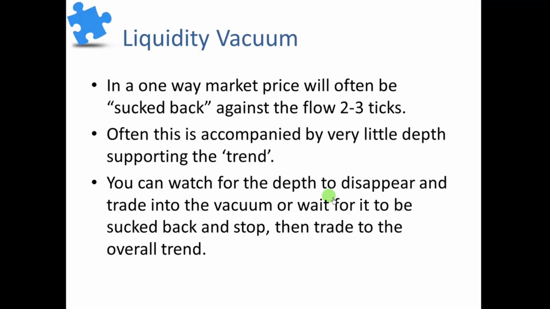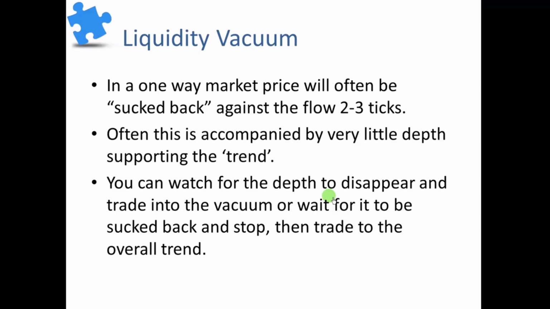Now, on the other hand, when the market pulls back into a vacuum, you're effectively looking for continuation, and it's a higher probability trade because of that. So you're waiting for counter trend momentum to stop. And the nature of a liquidity vacuum is that the momentum on the way down through that vacuum has to be weaker.